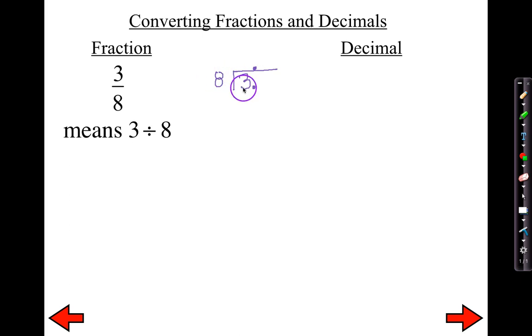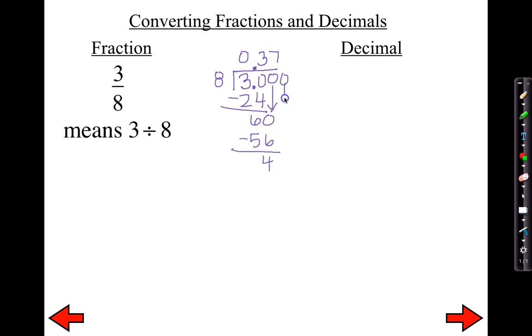Can 8 go into 3? No. So we're going to put a 0 there, and let's add a 0 here. 8 can go into 30, let's say 3 times. That's going to leave us with 24 with a remainder of 6. I'm going to go ahead and have to drop an additional 0. 8 will go into 60, let's say 7 times, with a remainder of 4.